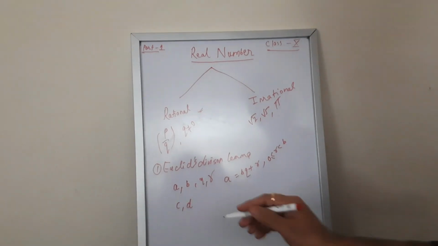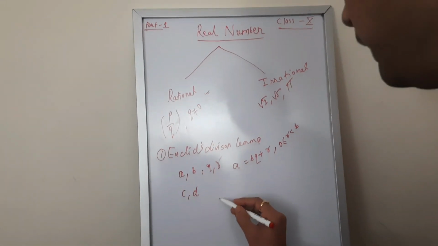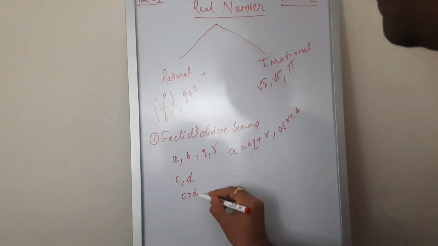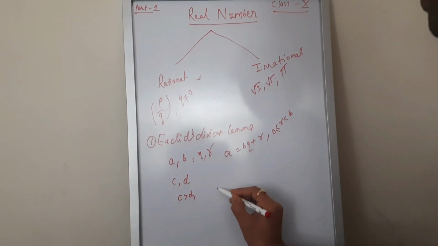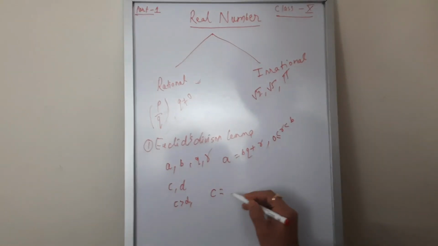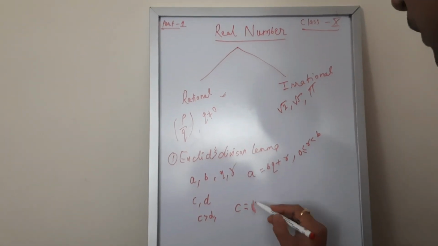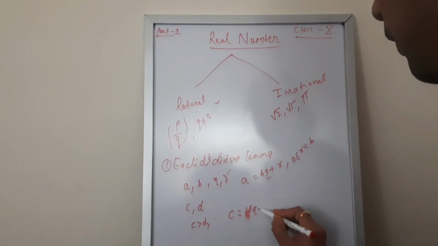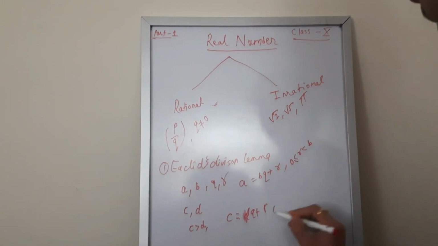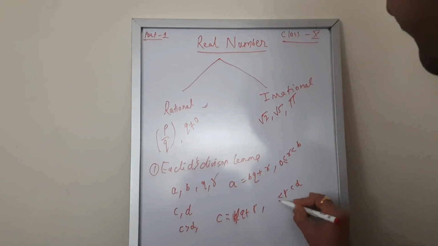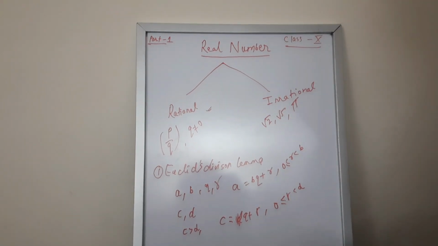How will we do that? One condition is C is greater than D. So here we can define C is equal to DQ plus R, again where R is less than D and greater than or equal to 0.